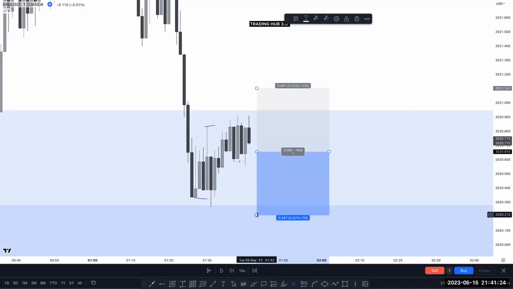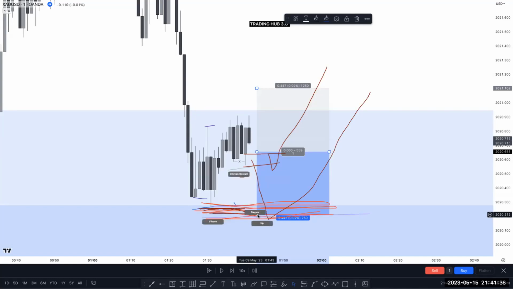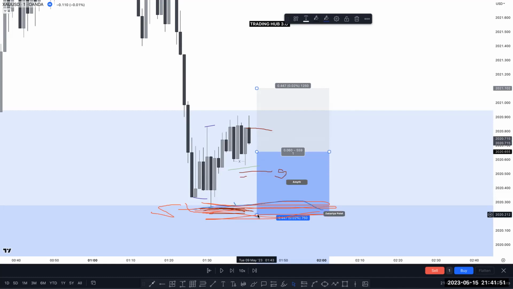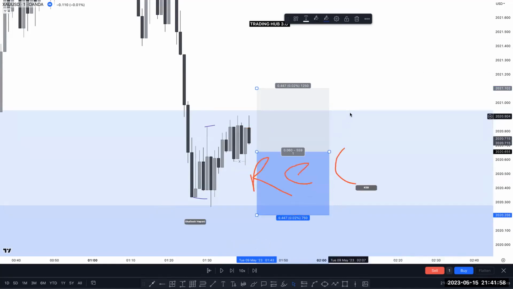And where is your stop loss? Perfect. Here you can set two types of stop loss.